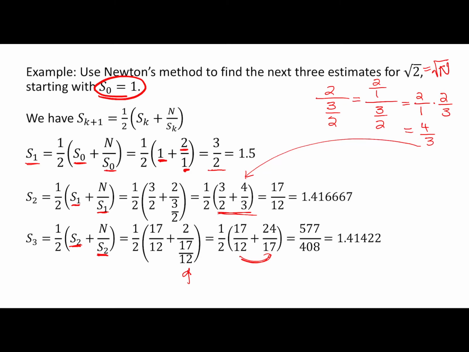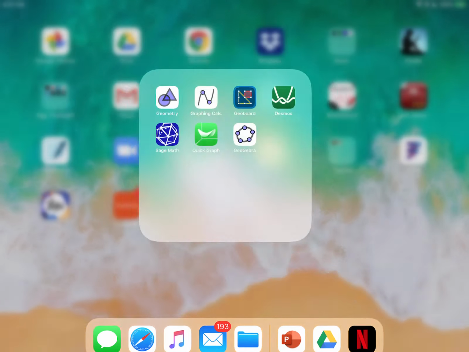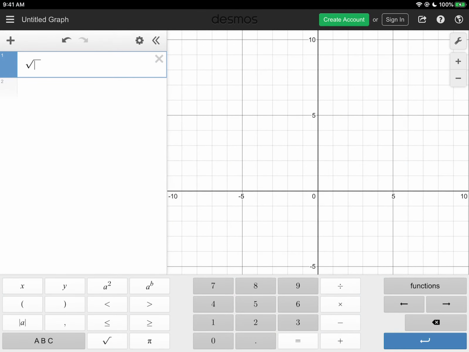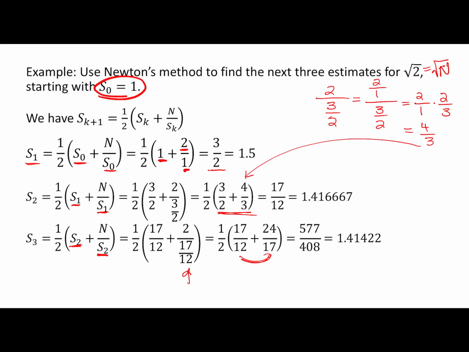Now, what is the square root of 2? Let me just pull up Desmos real quick. Square root of 2 is 1.414213. So you can see already, just going 3 steps, this is a pretty good approximation of the square root of 2.